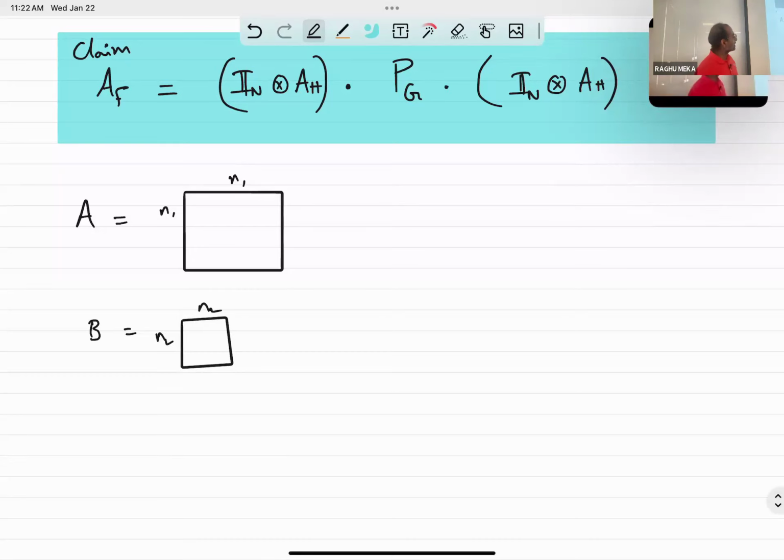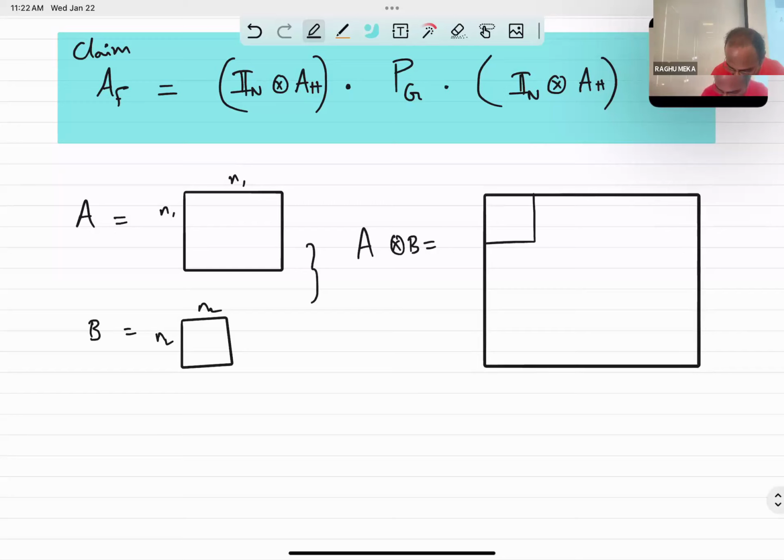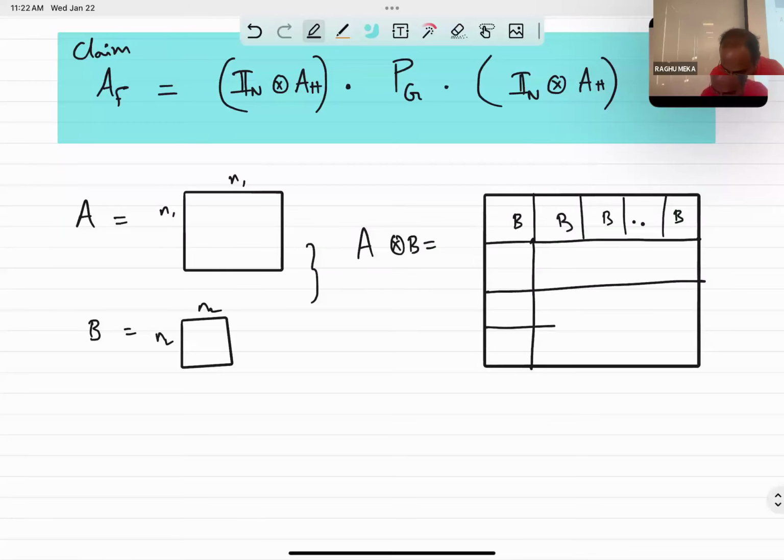Okay, if I have these two matrices, N1 by N1, N2 by N2, then A tensor B is just the matrix where I put multiple copies of B together. Okay, so this is the matrix N1 times N2, N1 times N2.